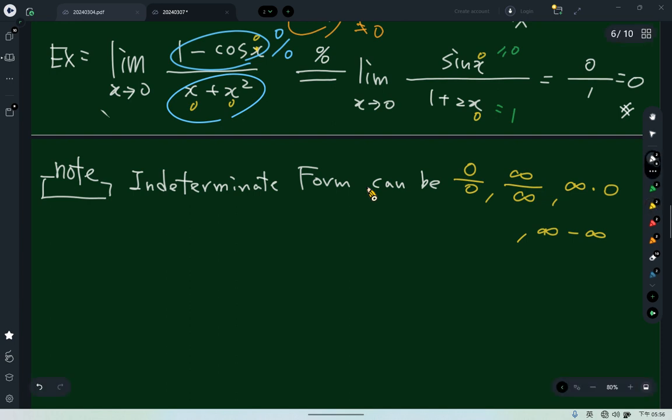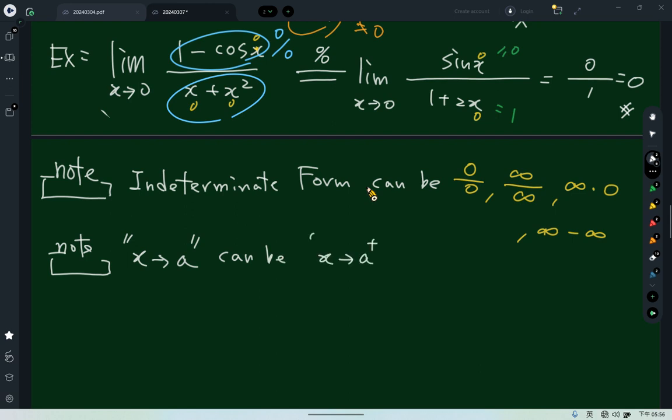And the second thing is about x approaching a. Here can be x approaching a plus, or x approaching a minus.